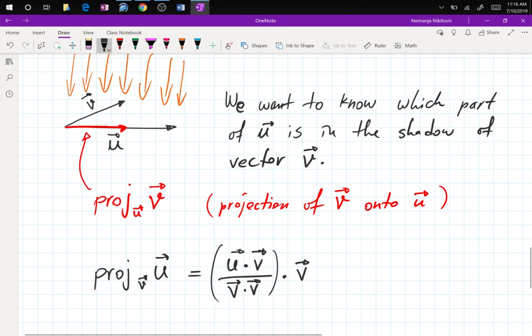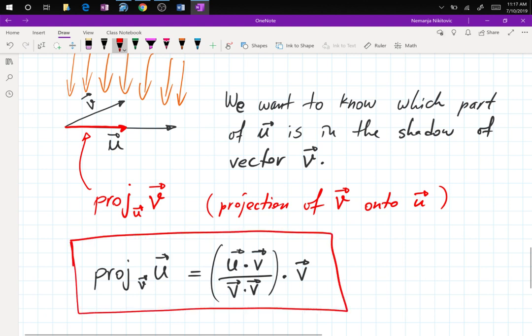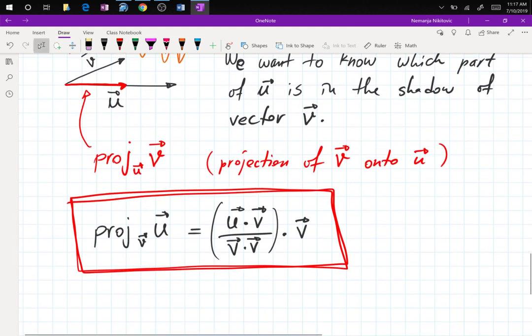So this is the formula, and if you swap u and v to match what I have written up there in red, the projection of vector v onto vector u, if you want u to be the base, then you still have u dot v, and now you have u, u, and u.